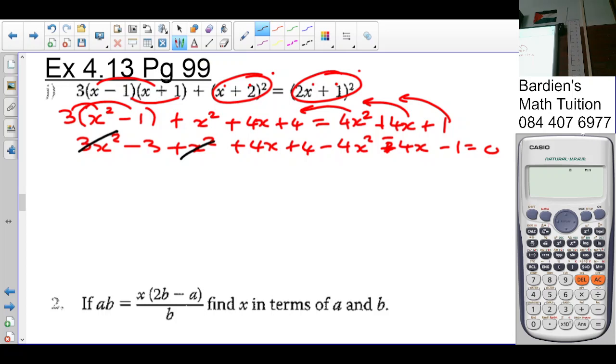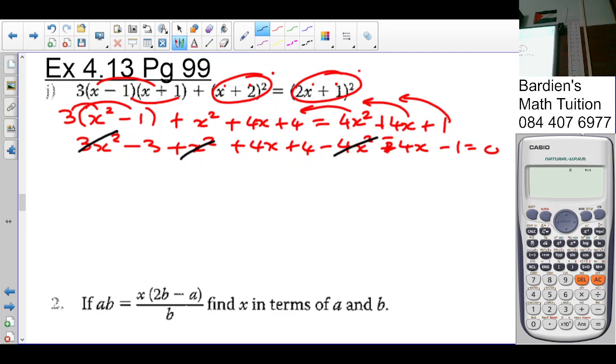Because this becomes a linear equation, that is why we put x's on one side, numbers on the other side. If it's a quadratic, you're going to put everything on one side and 0 on the other side.